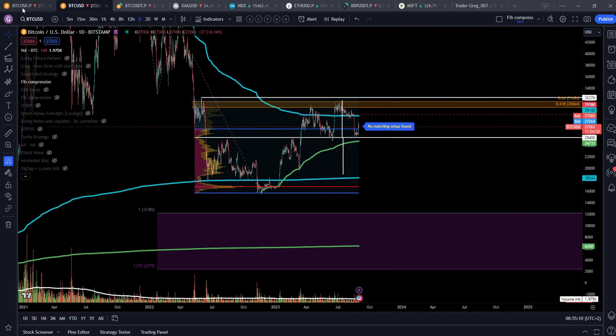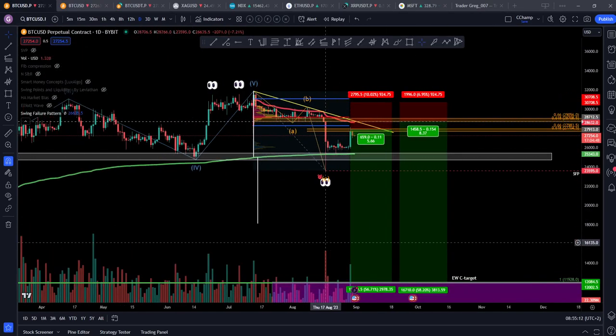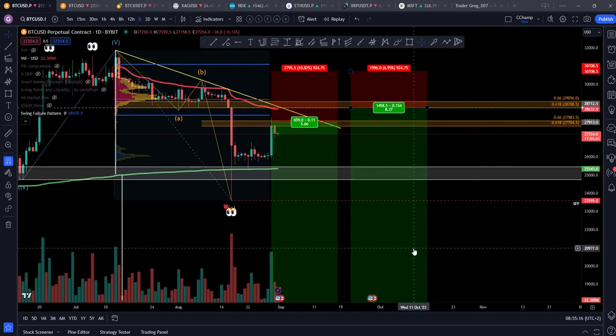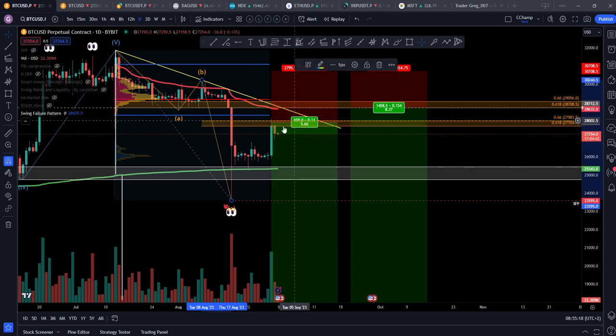Let's see which positions I have now. So here, this is on the Bybit chart. So here we have the 0.618 retracement from this high on the 8th of August and the last low on the 17th of August. So here I did put in a short.